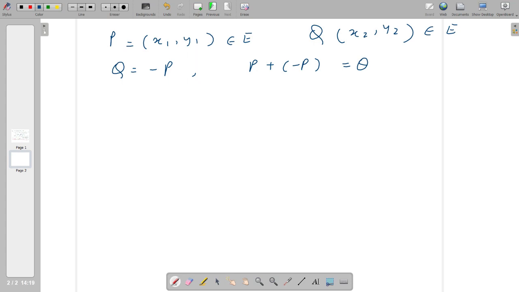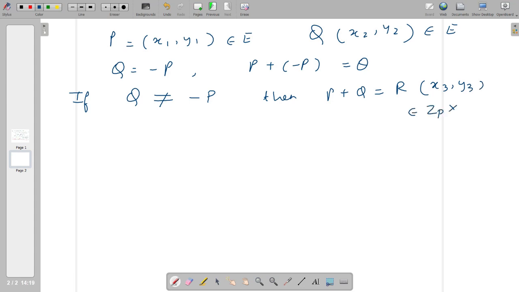The second case is if Q is not equal to minus P, then as we defined previously for elliptic curves over reals, P plus Q is going to be R, and let's say the coordinates of R are (x3, y3), which belongs to Zp cross Zp.